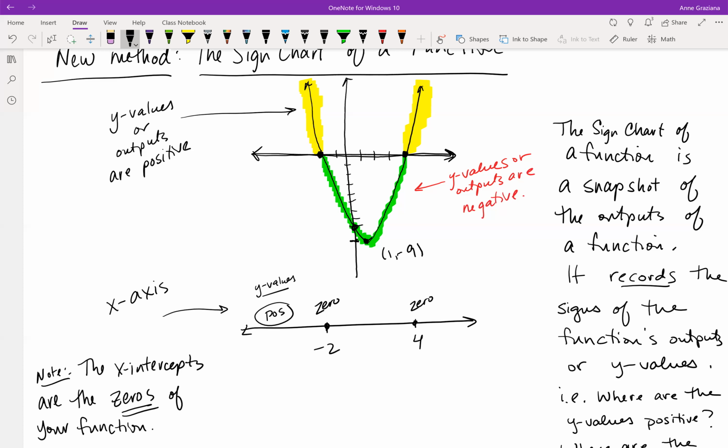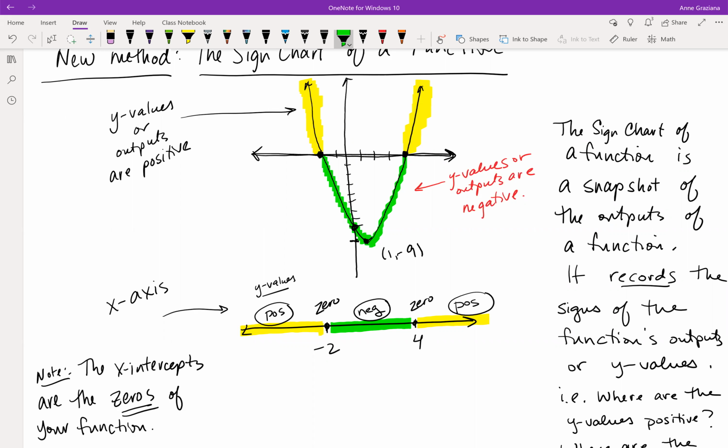In between -2 and 4, they're negative. And after 4, they're positive again. You guys see that? So if I color code this number line, here's where all my y values are positive. And then in the middle is where all my y values are negative.